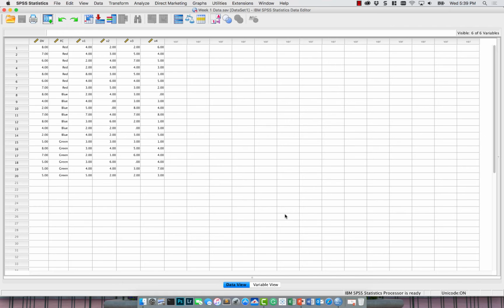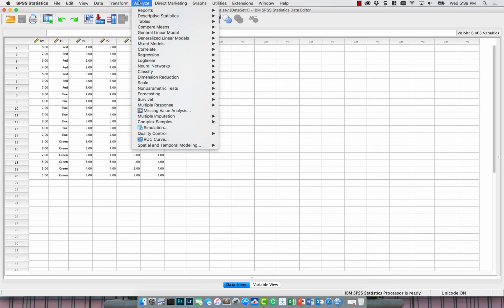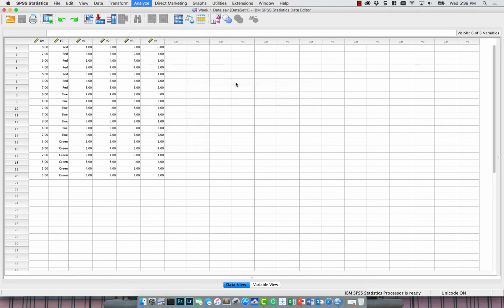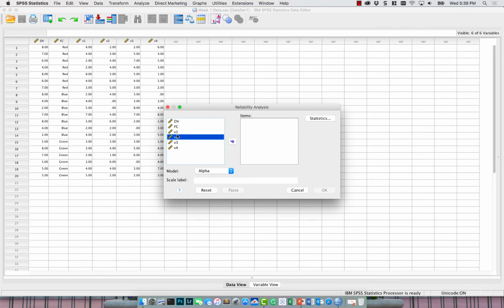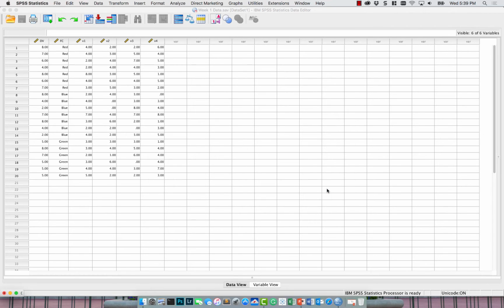And for the most part, let's say I want to do Cronbach's alpha, and I want to calculate alpha for these 4 variables. I just want to look at the output here once.